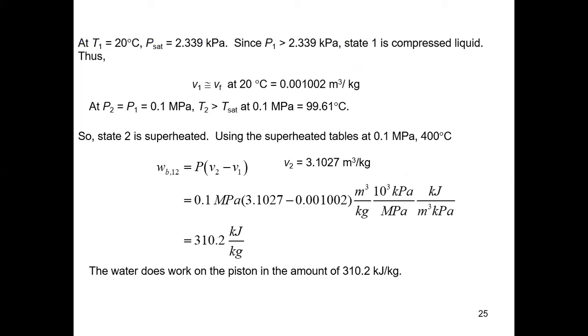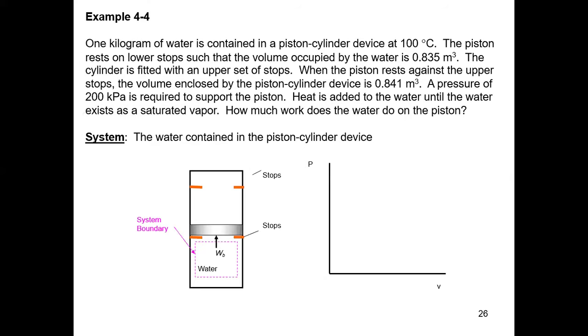Where do I get these figures? I get it from the steam table, and plug it in, and then I calculate the boundary work. So this is positive, we are expanding. That's why work is positive.